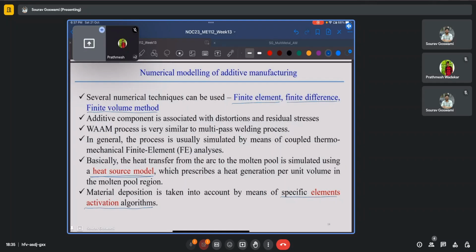A more likely or a closer explanation is that the material is already there. We have simply turned it to the off state, and when our laser or the heat source reaches it, the temperature increases. And say in cases where the temperature is used as the activation function beyond a certain threshold, we will simply activate that element, and then it will be as if that element has been deposited.